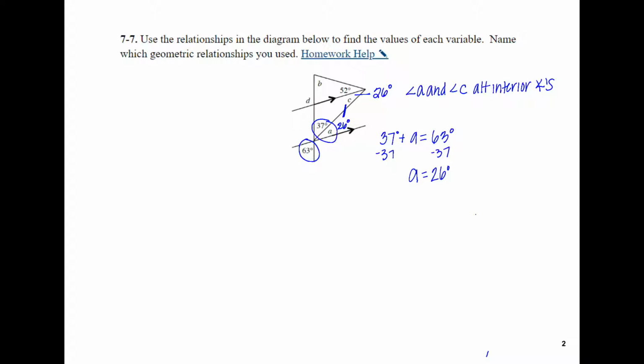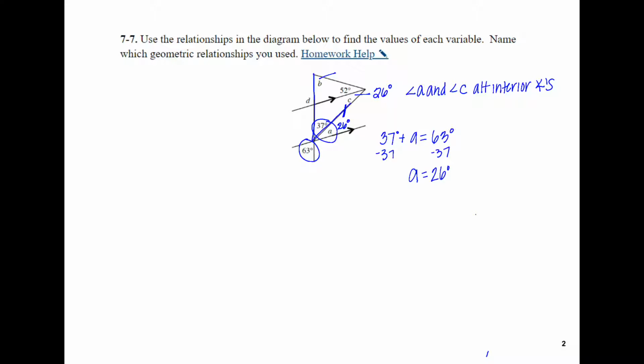So now that we have C is equal to 26, we can find B. 52 plus 26 gives us 78.